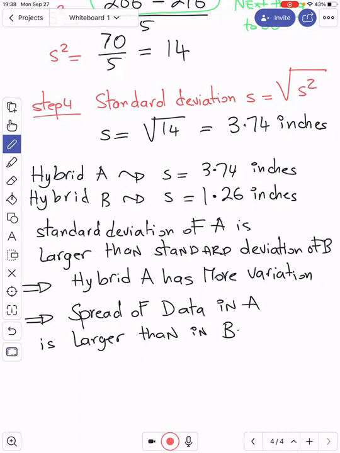Any questions, guys? You see why the standard deviation is useful. You have 2 samples, you can compute their standard deviations, and from the standard deviation, you can say which data set has more variation.